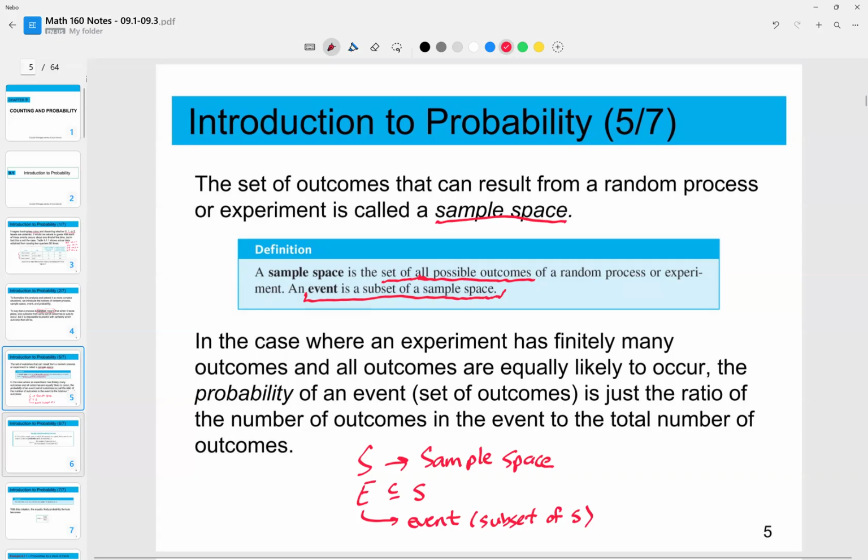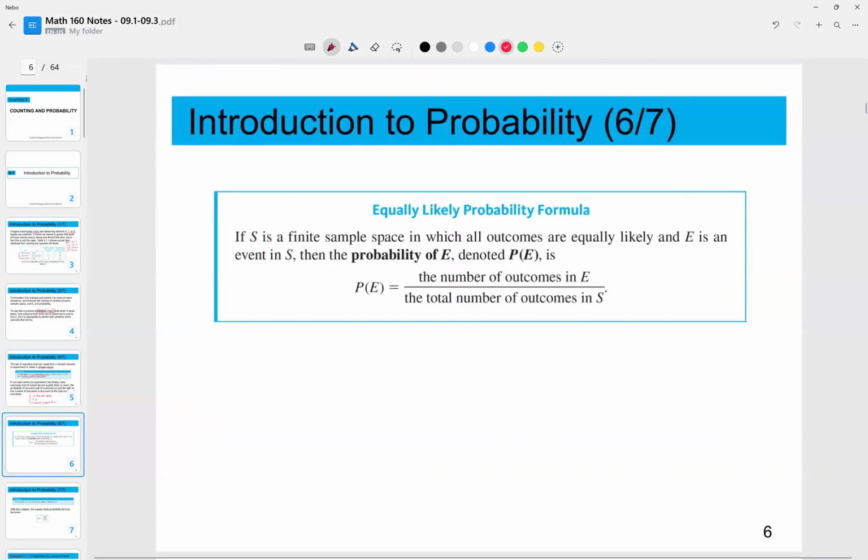Okay. So say we have a sample space, like flipping a coin and it's 50-50, heads or tails. If all outcomes are equally likely, then for any subset, any event, the probability of that event is just going to be the number of ways E could happen divided by the total number of outcomes in S. So this is under the assumption that all events in S are equally likely.